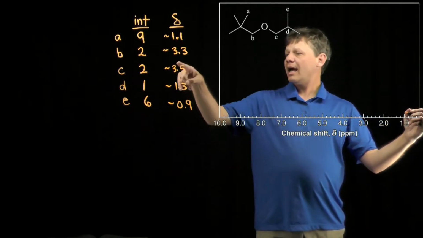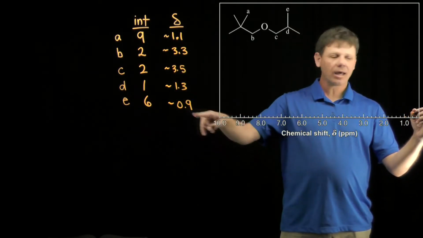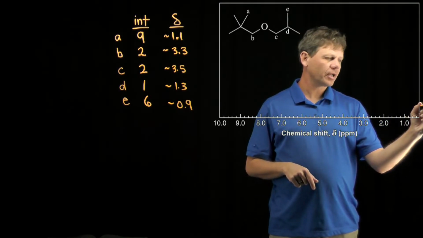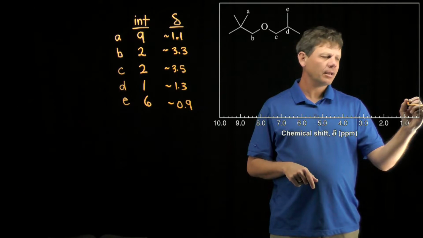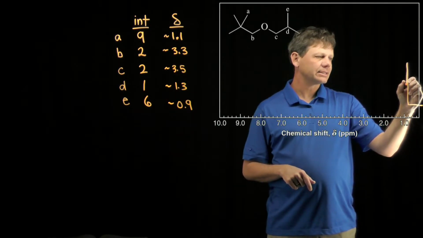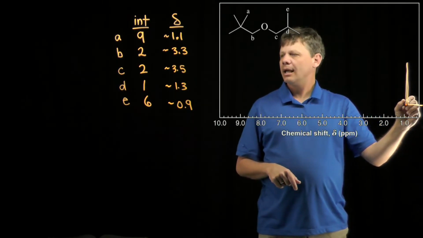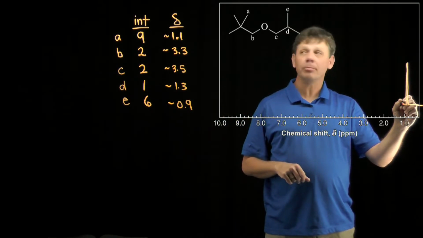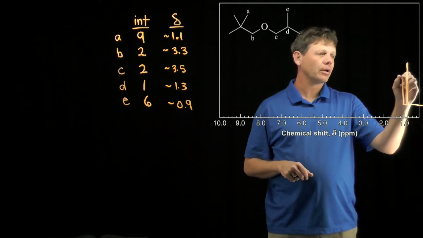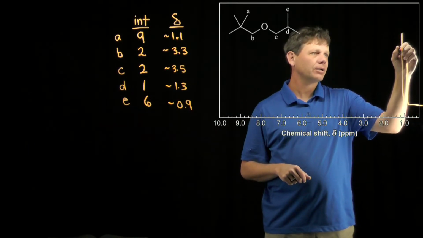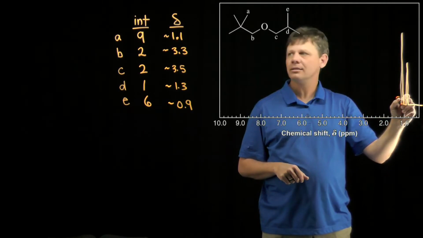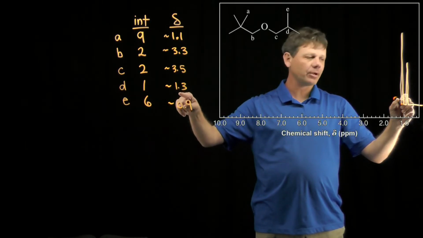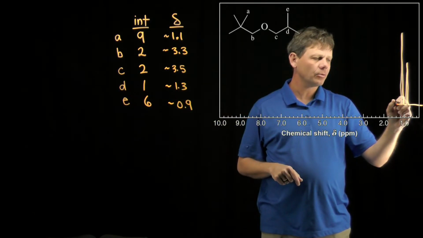So we're going to have something around 0.9. We'll start our line about here, and we'll start coming over. We get to 0.9, and we'll go up like so. So there's our peak at 0.9. We wanted to have one at 1.1 that's going to be a little bigger because it's 9 hydrogens. So we'll draw a sharply higher signal there. That's at 1.1. For D, we're going to be around 1.3. So maybe we come a little bit farther over here.